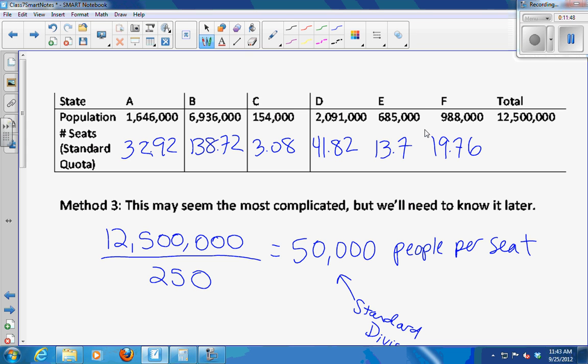So we have exactly given out 250 seats, including the partial seats that we've given out. So if I add these all up, 32.92 plus 138.72, if I didn't round anything at all, this should add up to exactly 250 seats.